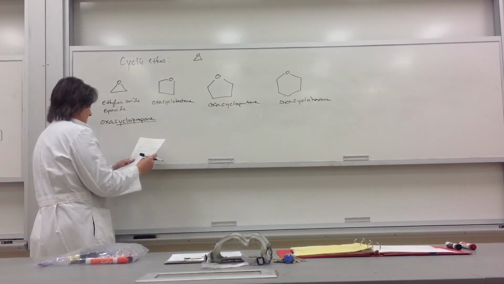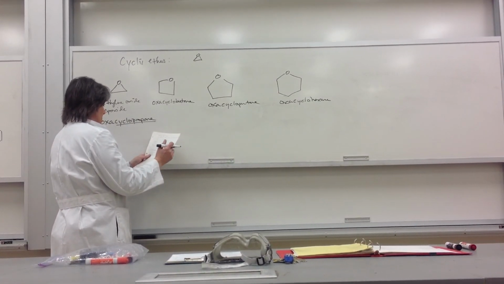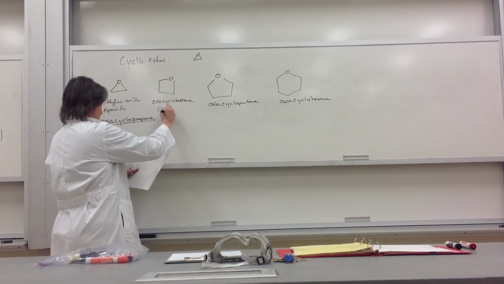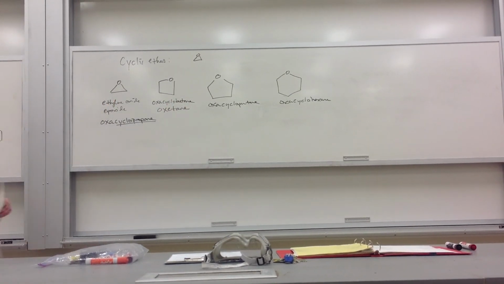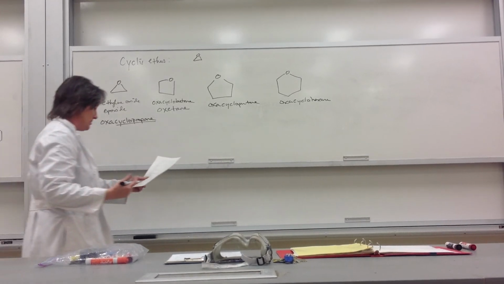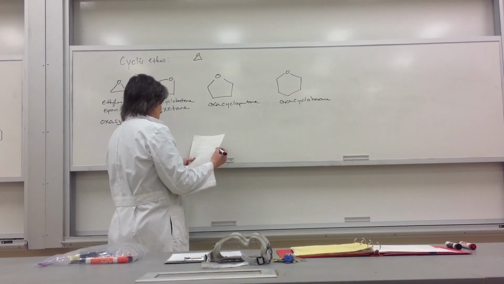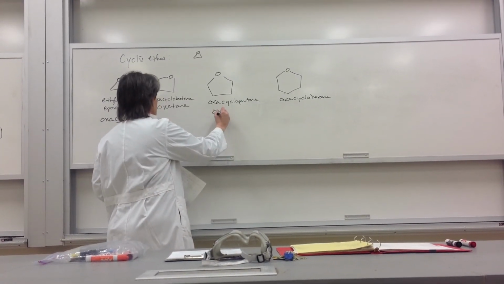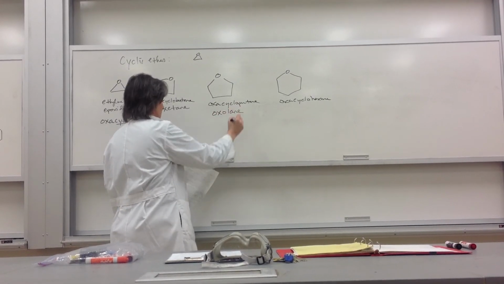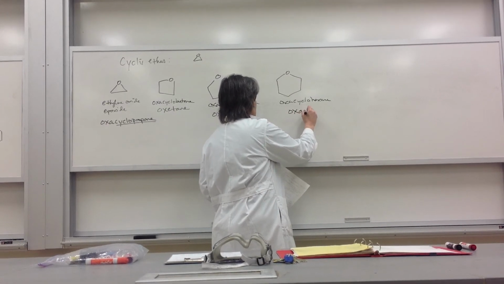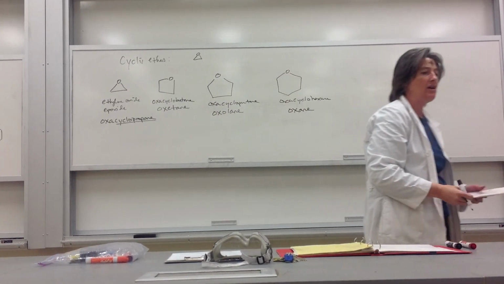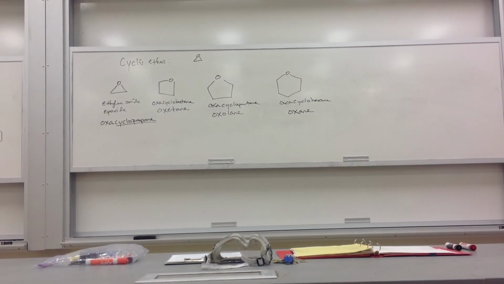The oxacyclobutane is also called oxetane. If you want to memorize these, more power to you. I don't know what they are, that's why I haven't looked at the notes so hard. The 5-membered ring, oxolane, and the 6-membered ring, oxane. They're just common names that stuck. You have to accept some.